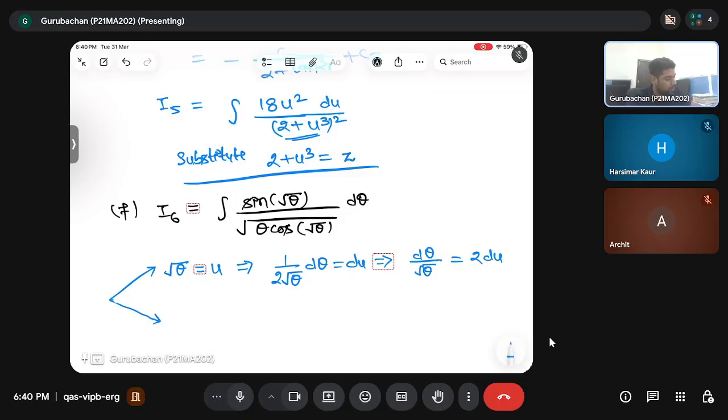There will be only, I think, two possible substitutions. There can be more. So another one is you can substitute cos under root theta equal to some v.